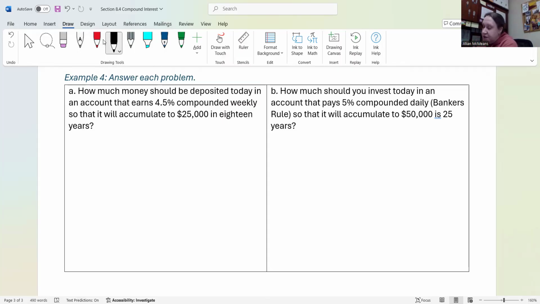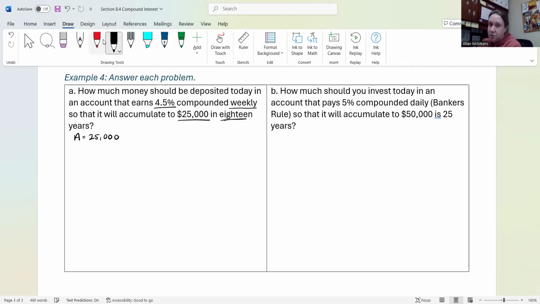All right, so it says how much money should be deposited today in an account that earns 4.5% compounded weekly so that it will accumulate to, that's the future value, $25,000 down the road. How far down the road? 18 years. Okay. So A is $25,000. That's our future goal.